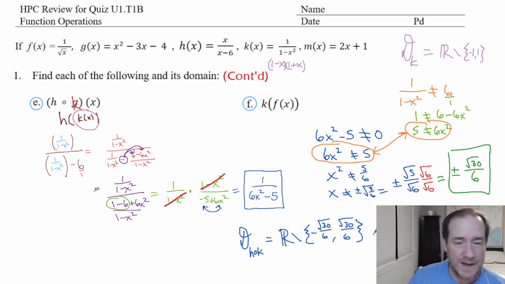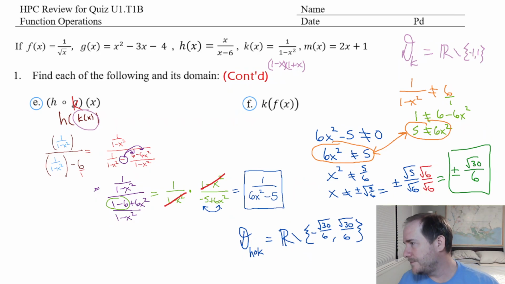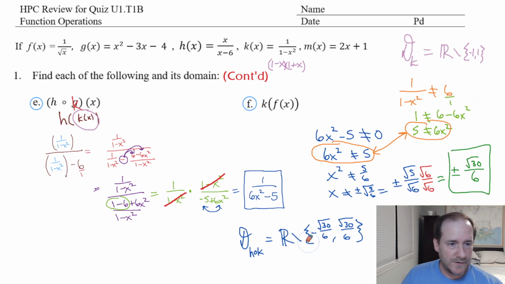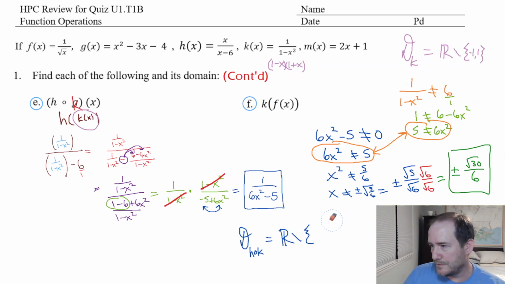So I'm happy with this. Actually, I struggle to say that I'm happy about this, but it does seem like our actual domain is going to have 4 restrictions. Now who's bigger or who's less? I did say we're supposed to go in numerical order.